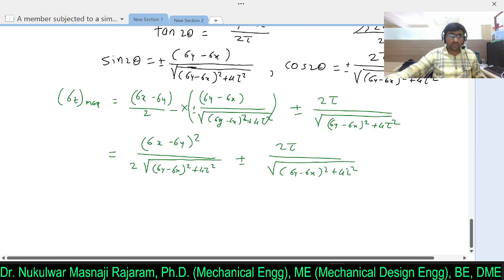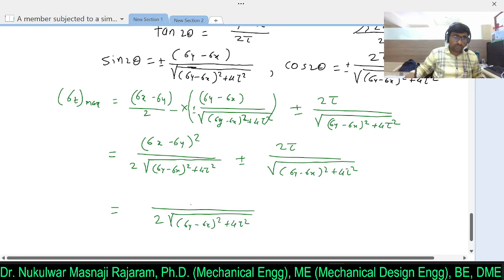Again I am taking 2 under root of sigma y minus sigma x whole square plus 4 tau square common. So here I will get, if I take this common, then this term as it is, that is sigma x minus sigma y whole square plus, here 2 is missing, so I will multiply over here, that will become 4 tau square.